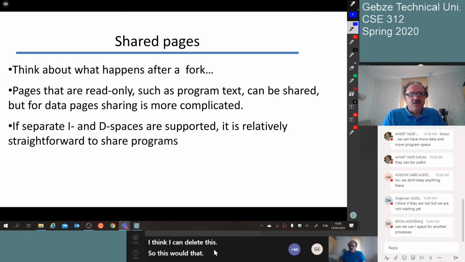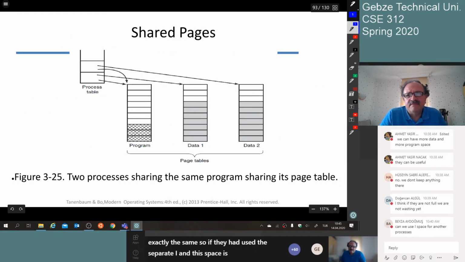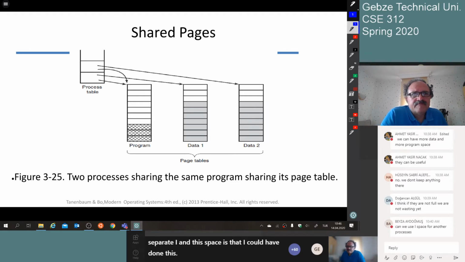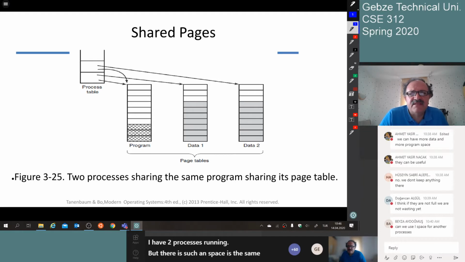After the fork, we see that there are two processes in my memory, and they are exactly the same. If we had used the separate I and D spaces, then this is the picture. I have two processes running, but their instruction space is the same.